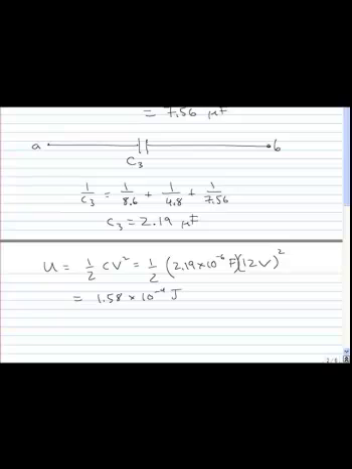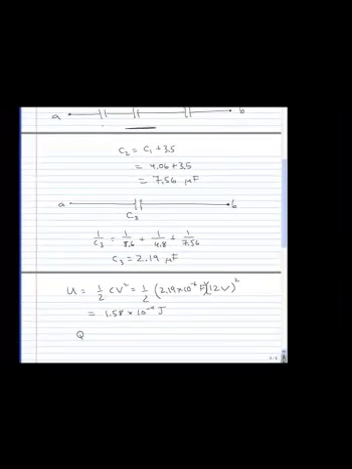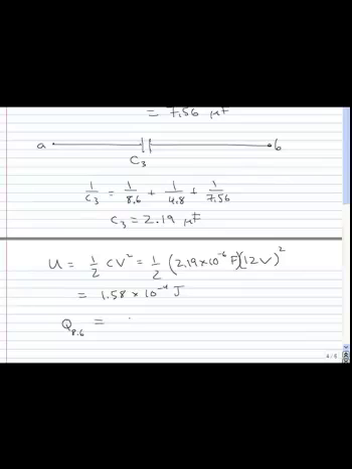So in series, we know that the charge stored on the first capacitor, that's this one, the 8.6, has to equal the charge on the 4.8, which has to equal the charge on the 7.56 microfarad capacitor.